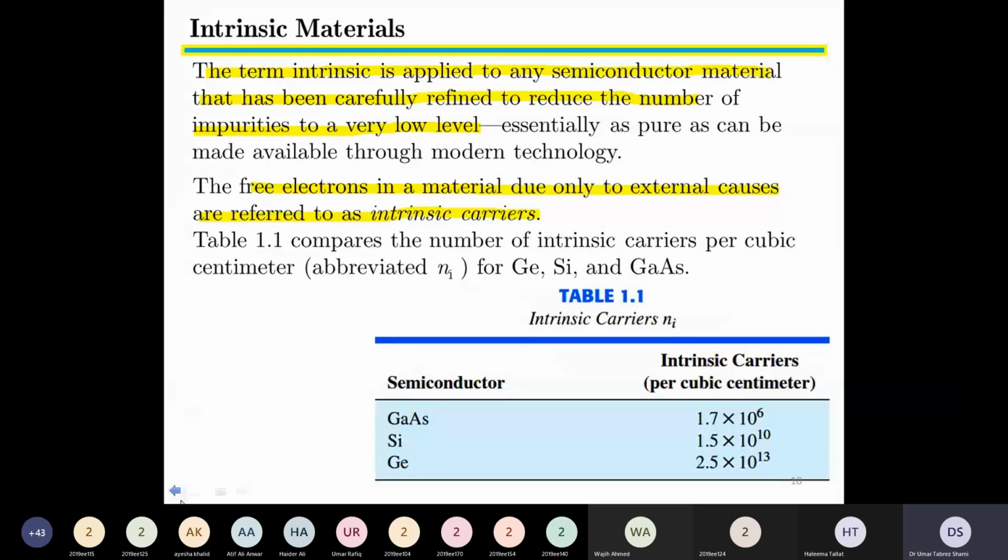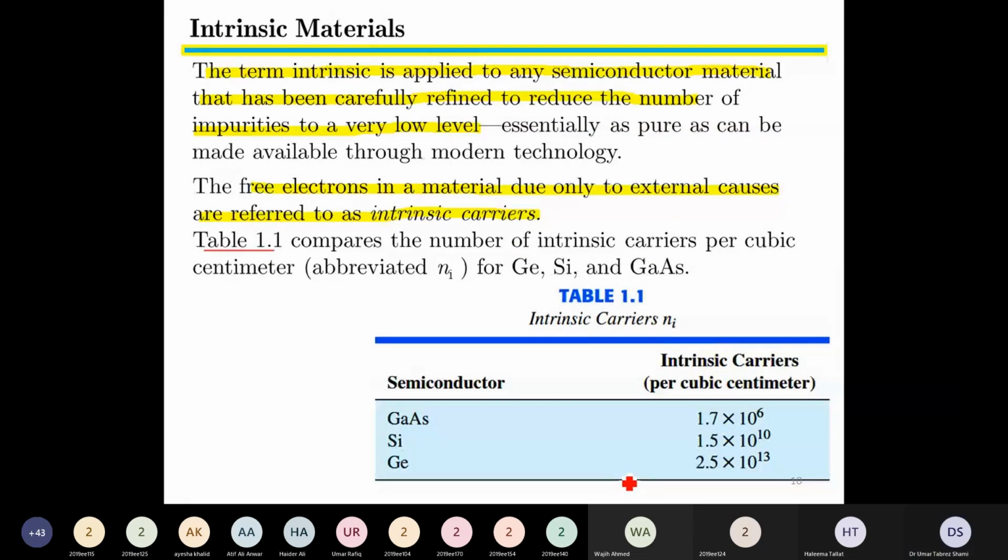Table 1.1 compares the number of intrinsic carriers per cubic centimeter for germanium, silicon and gallium arsenide. Gallium arsenide has 1.7 × 10^6 intrinsic carriers, silicon has 1.5 × 10^10, and germanium has 2.5 × 10^13. So what do we learn from this table?